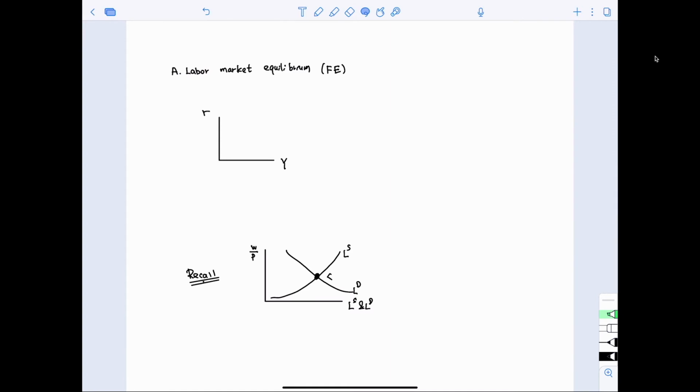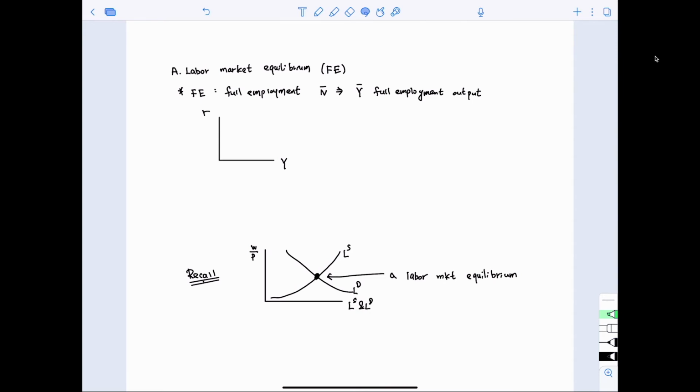And then we are going to have a quantity that equates the labor supply and the labor demand. Therefore, we know that when the labor market is in equilibrium, there will exist a level that is called full employment. We define full employment because we know the economy will for sure have some level of unemployment.